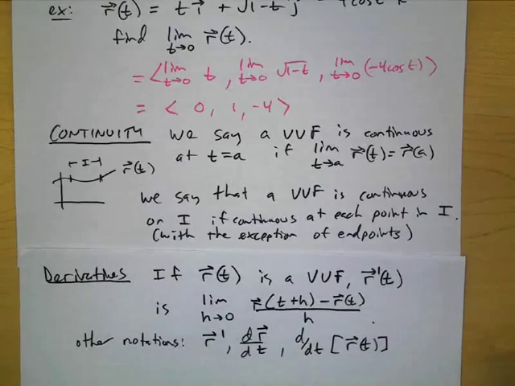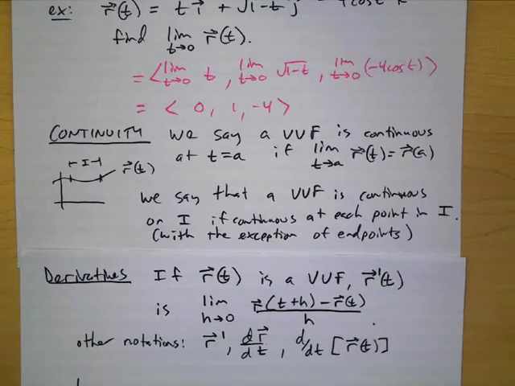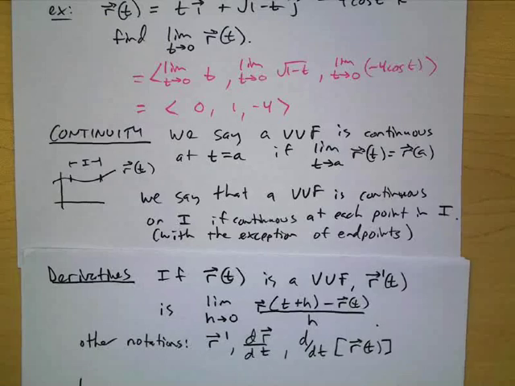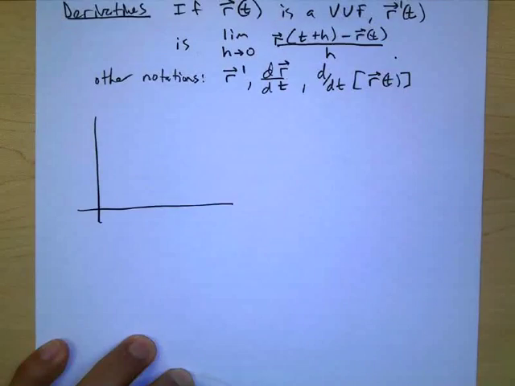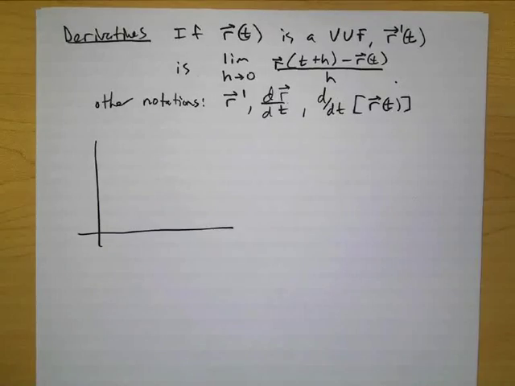So all of these things mean the same thing. Okay, so now what is going on when we take the derivative of a vector-valued function? So, is everybody good with what I've done so far? No one needs this?